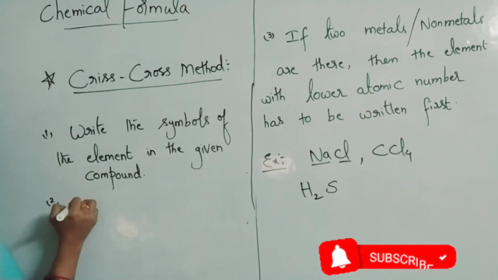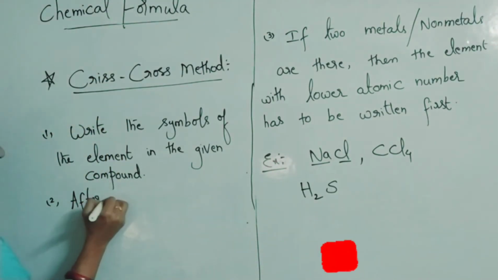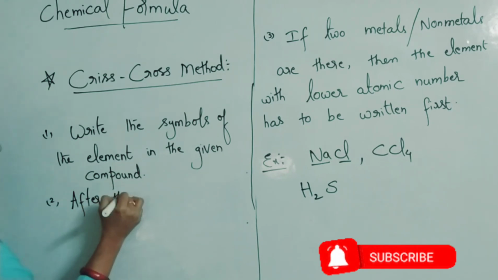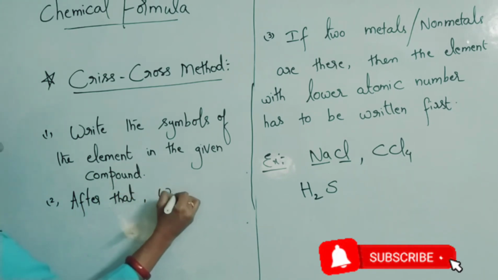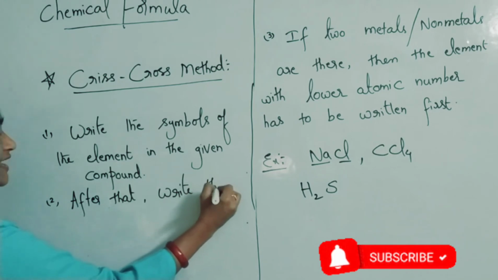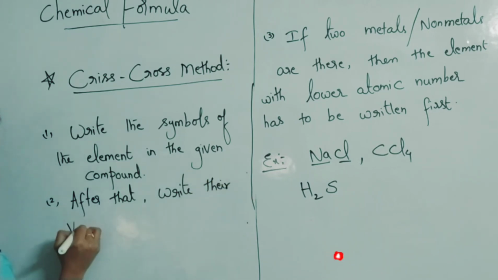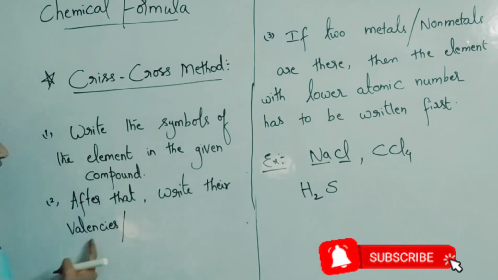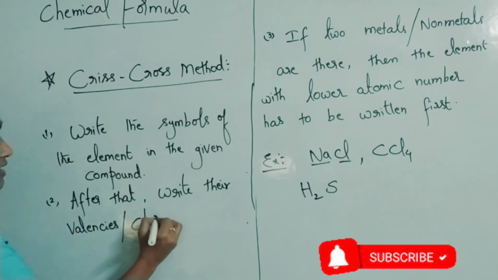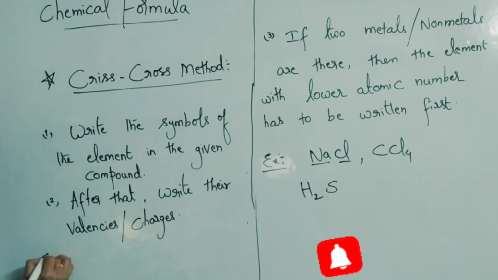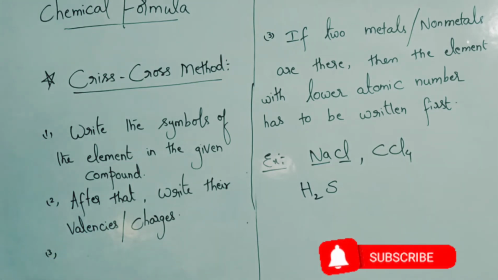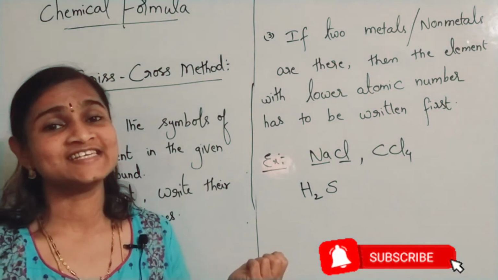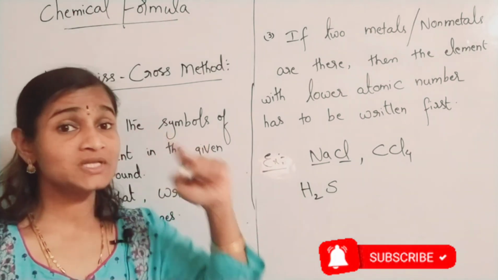Write their valencies. If they are ions, you will write their charges. Then the third step is to cross over the valencies or charges.